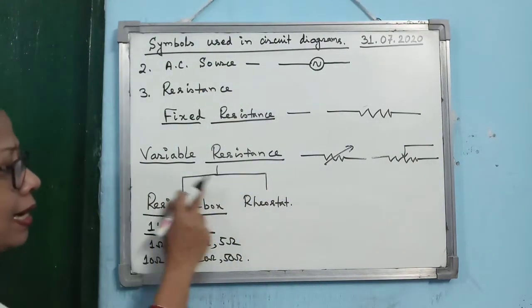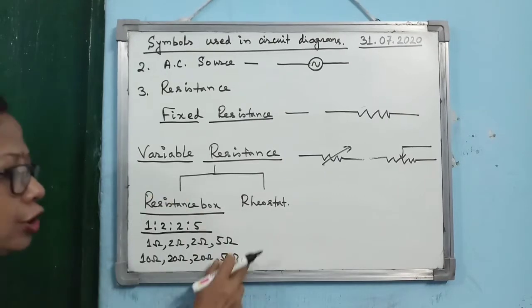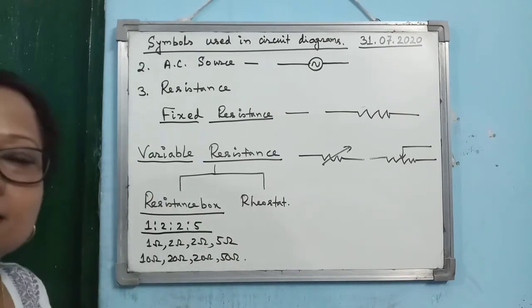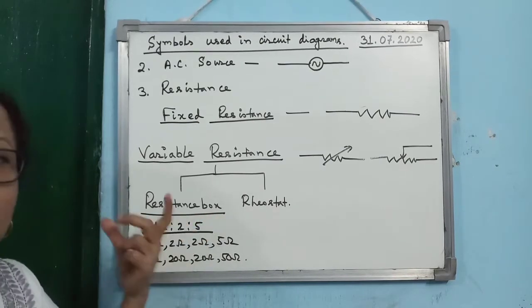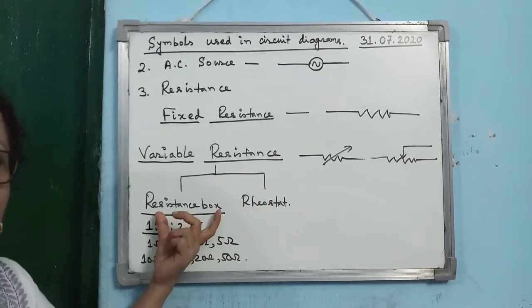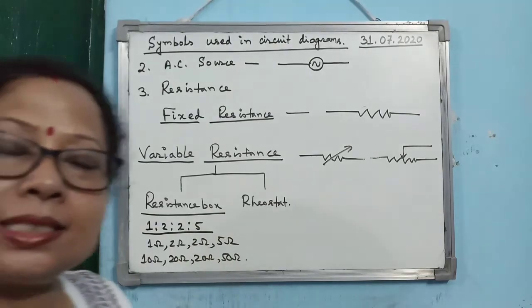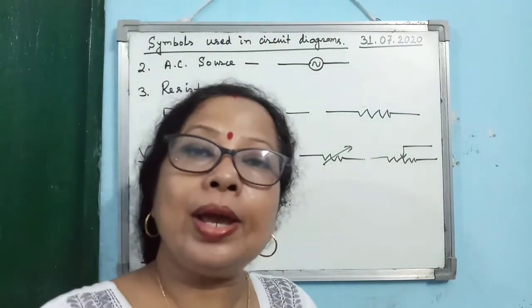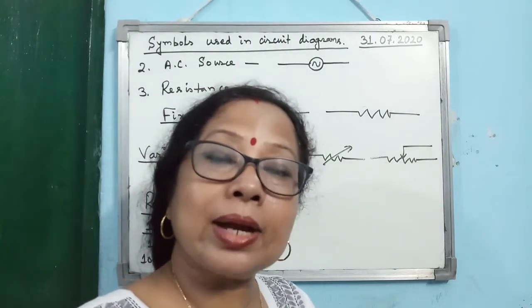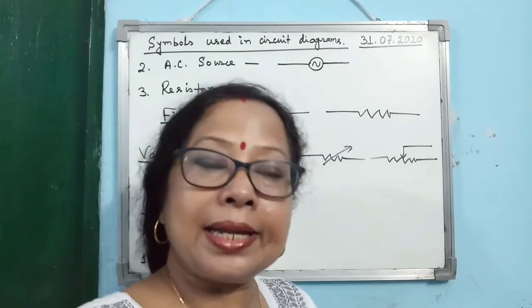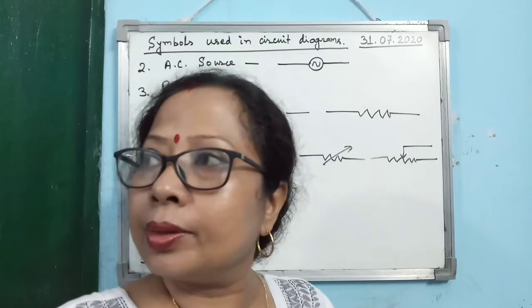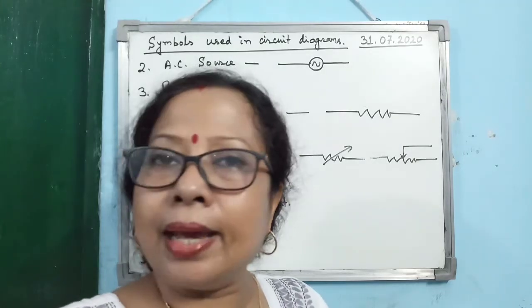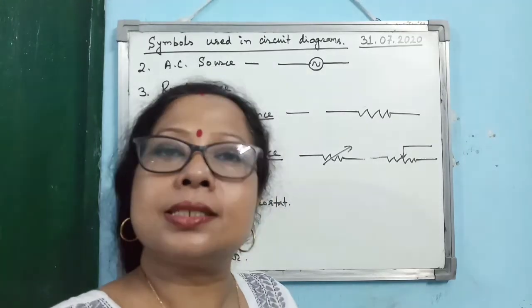So you see, in a resistance box, one can change the resistance used in the circuit. Okay. And so it is a variable resistance. But in case of a resistance box, although you are changing the resistance, every time you change it, you can definitely say that yes, this much resistance I am including within the circuit.